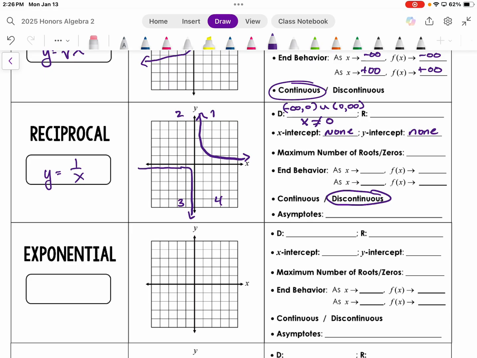Can we have an x-intercept or a y-intercept? Sure, if we shift the graph around. But right now, the parent function doesn't have either. What's the maximum number of real roots and zeros? Really, the maximum is 1. If we shift it up or shift it down, then we have 1.